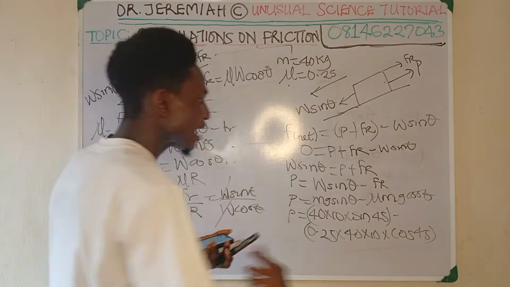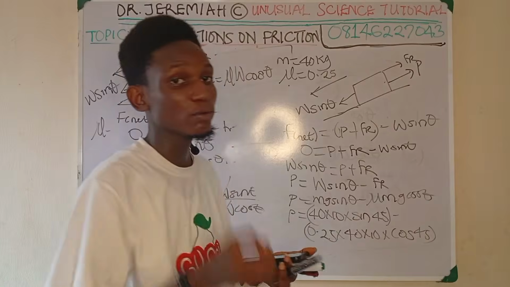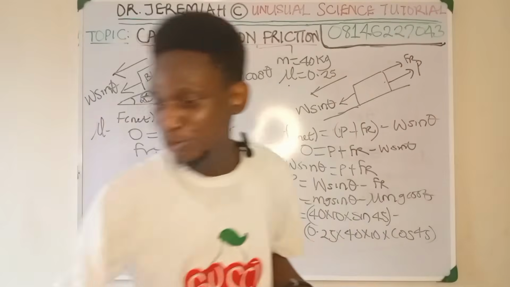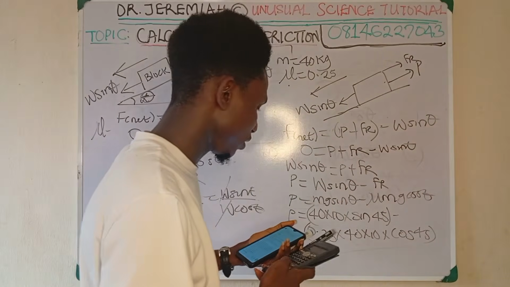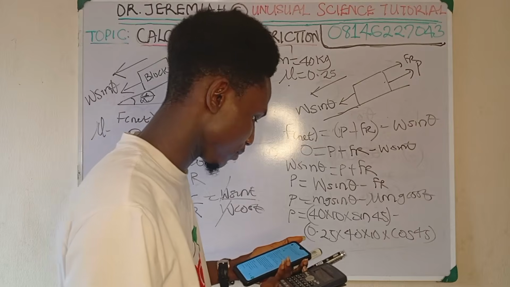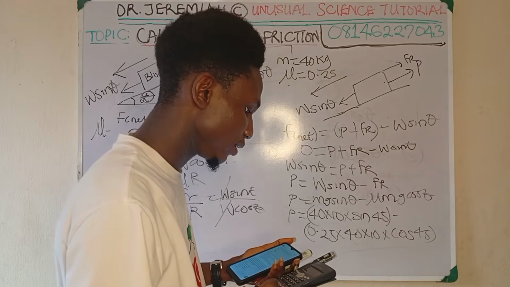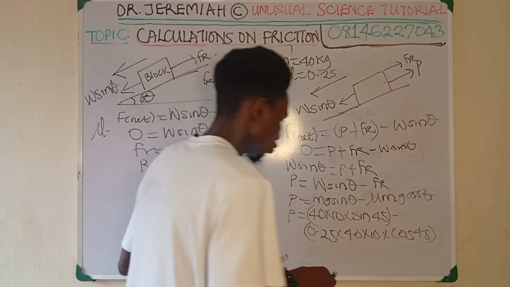Now I always like to tell students to multiply everything in the bracket, that's why I put brackets. Multiply everything there, then subtract it from what you get first. Right? So let me punch my calculator. 40 times 10 times sin 45 degrees, which is 282.84.